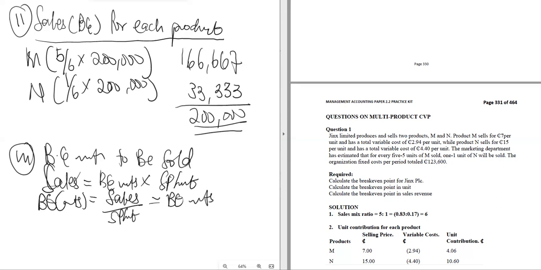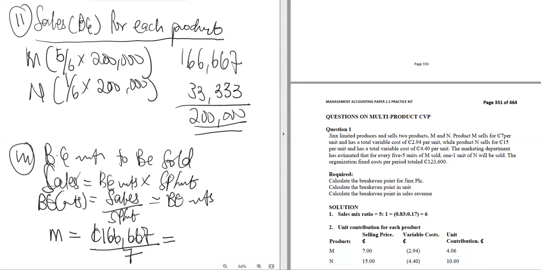Therefore, for product M, if I want to get my break-even units, I must take the 166,667 and divide by the selling price per unit, which is 7 cedis.